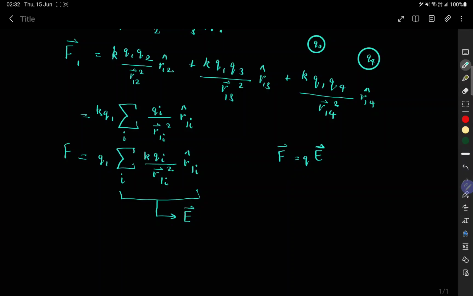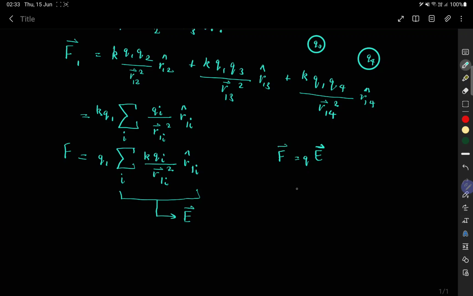So just to give it some point of understanding, think of this electric field vector as being the force that one unit charge, by unit charge I mean a point charge of 1 Coulomb, or any units that you prefer. I'm using SI units because they're more favorable.